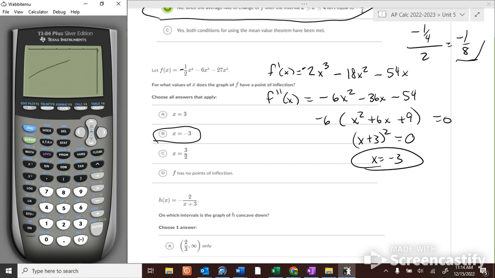So you can see it's kind of concave down, and then it's probably going to change to concave up somewhere in between 0 and 3. Because if we change our window a little bit more, instead of negative 1, let's go to like 4.